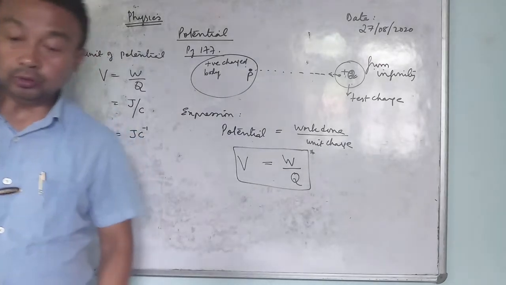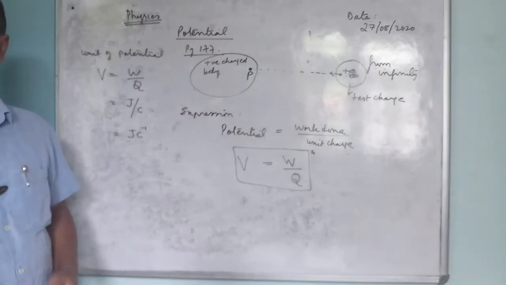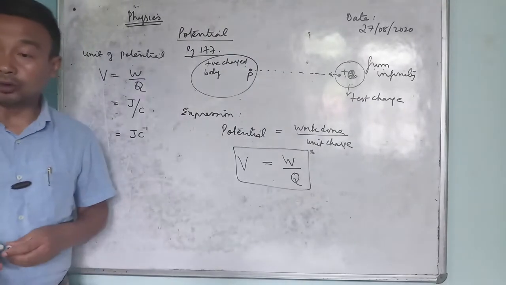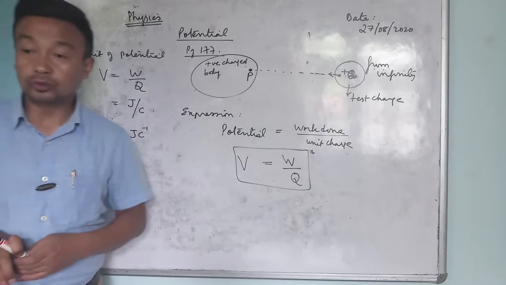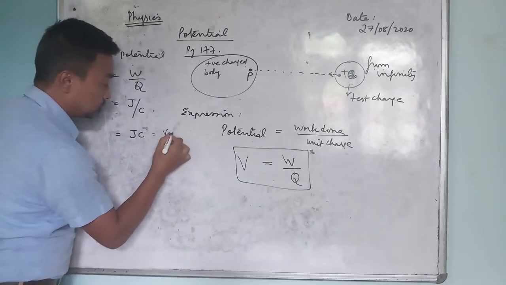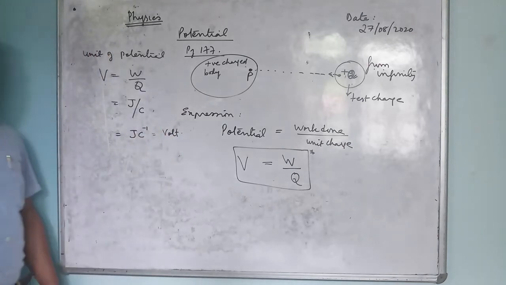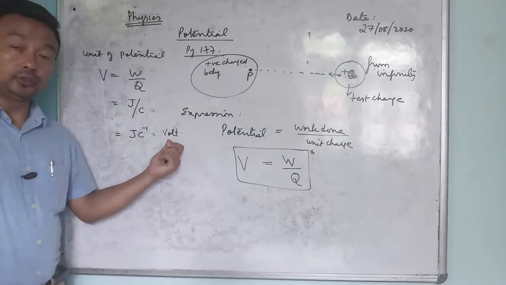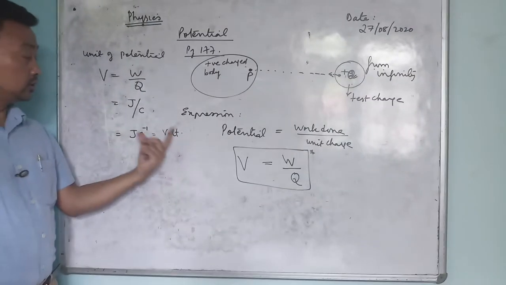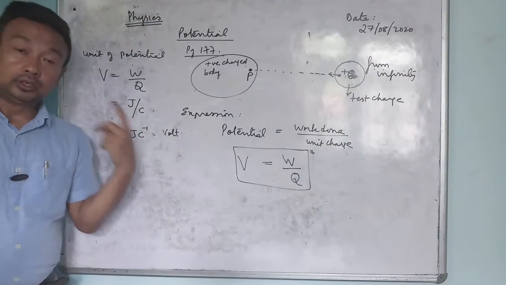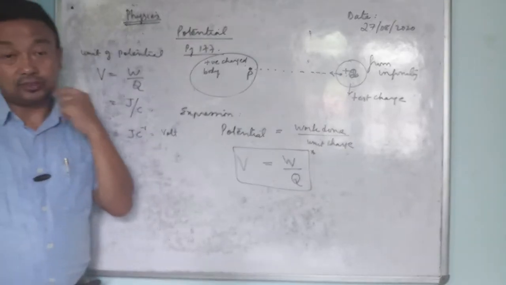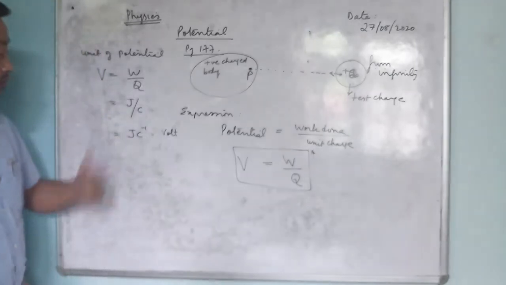Now this joule per coulomb can also be given the name volt. Volt uses the same symbol V as the potential. It is given in honor of the scientist Alexander Volta, who may be some French scientist.